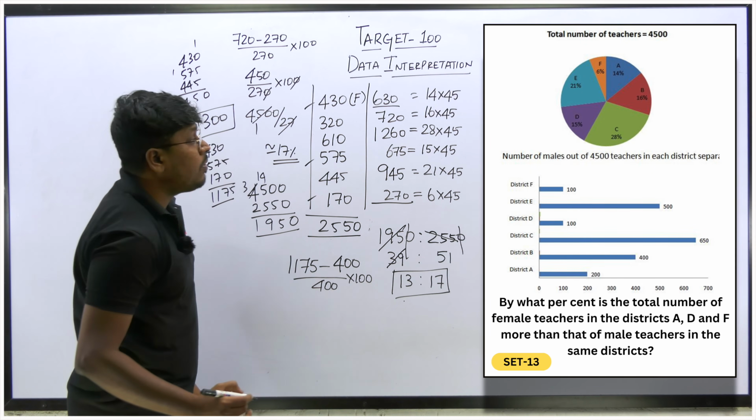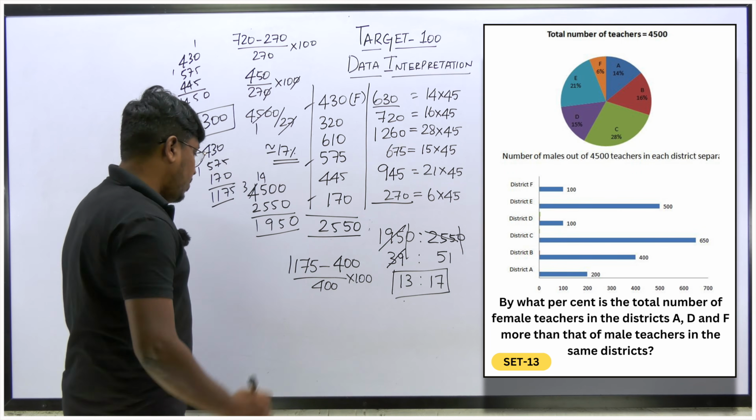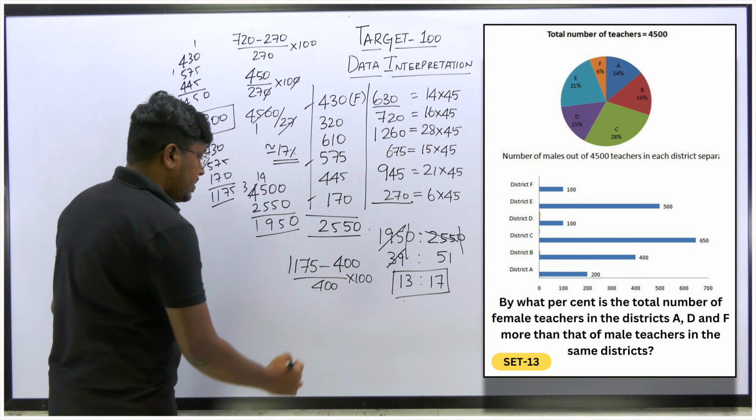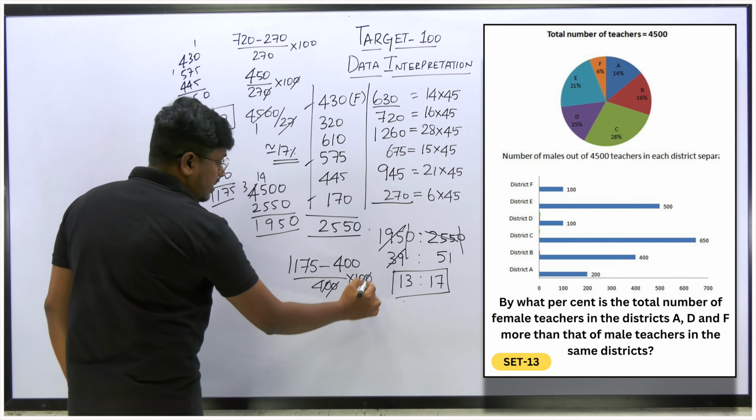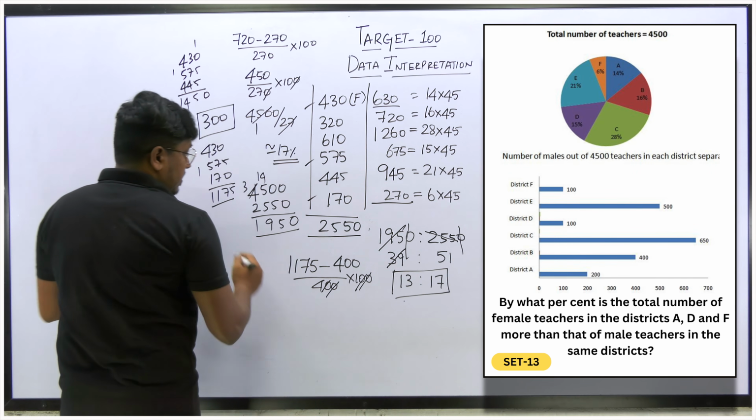Do we need to find an approximate value? No, not an approximate value, right? First, you can cancel the 0, 0 here.